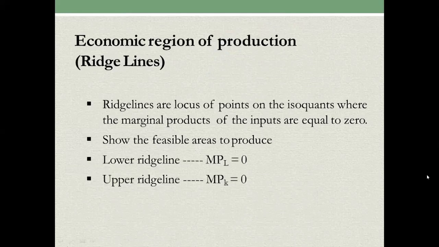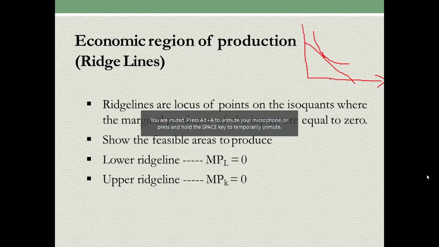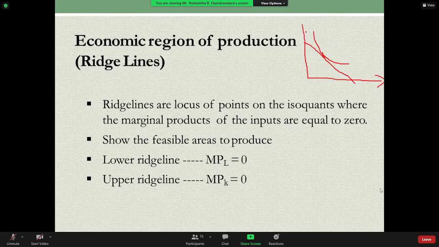So in the very beginning of today's session, we are going to identify the economic region of production. That means in the long run, you identified different types of regions, isn't it? In a place where the isocost curve touches the isoquant curve is the place where the producer makes the equilibrium decision.